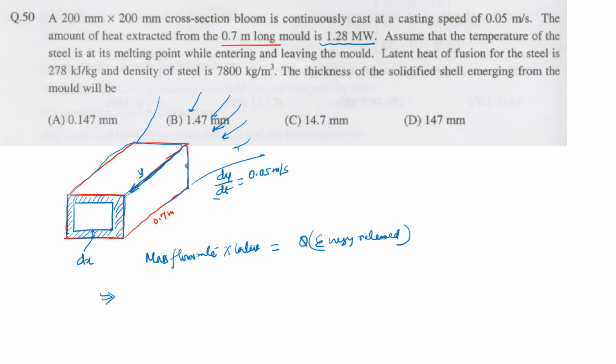And since the temperature is given as constant, delta G is equal to delta H minus T delta S. So we can say delta G is equal to delta H times (Tm minus T) by Tm.